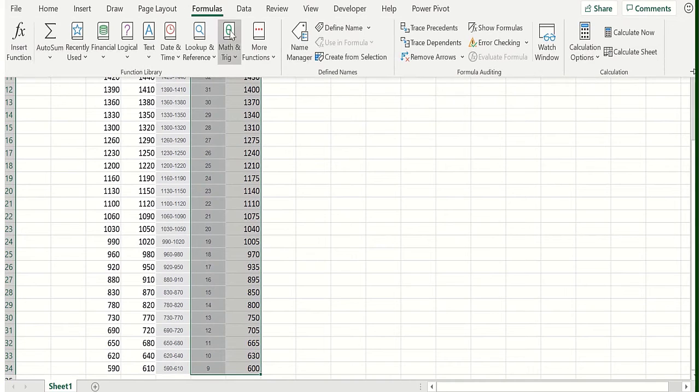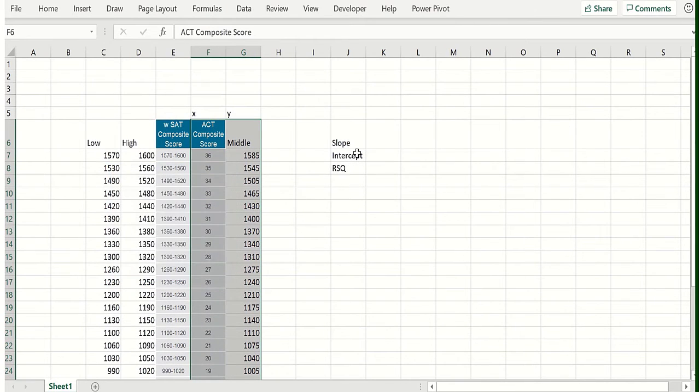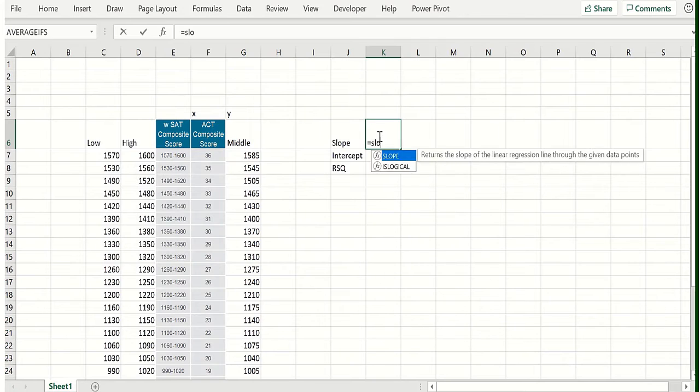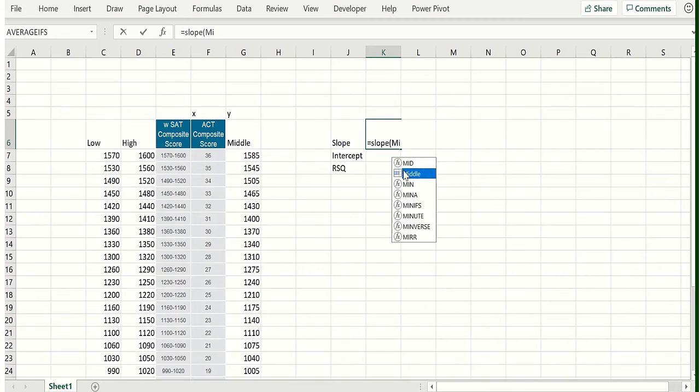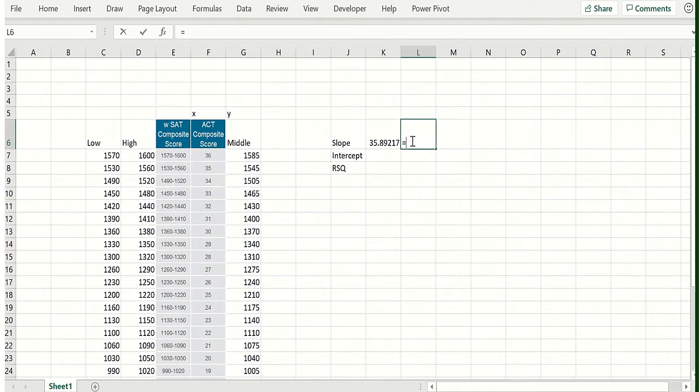Formulas, create from selection, top row. And so we can get a slope where the y range would be the middle and the x range would be the ACT composite score, 35.89.